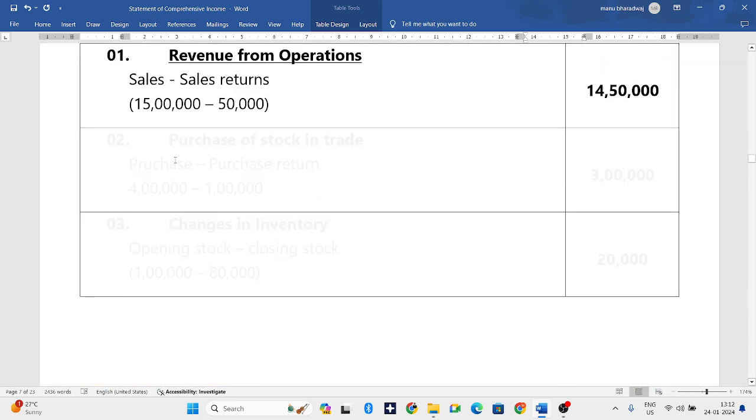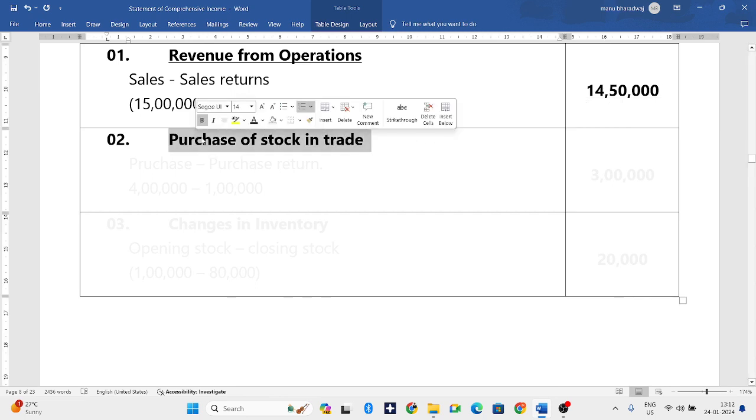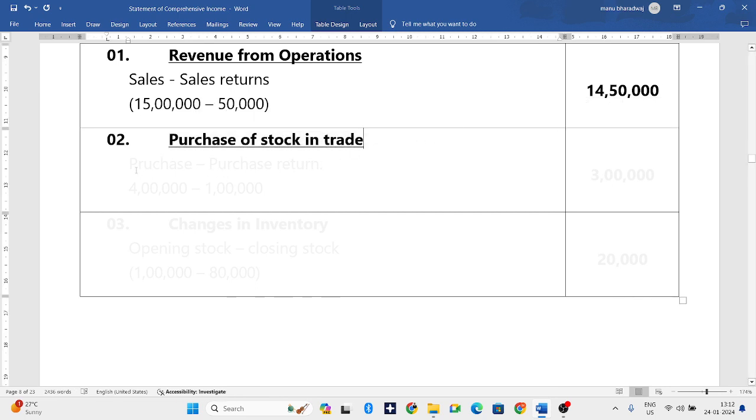Come to the working note. We will now be preparing working note number 2, and it is related to purchase of stock in trade. We have to just minus purchase return from purchases. Whatever purchases amount they have given, from that we have to minus the purchase return. Purchases minus purchase return gives us net purchases.